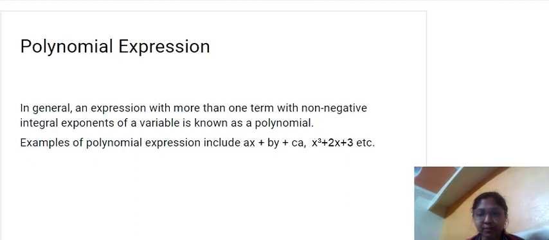Here we have 2 variables x and y having the exponential power 1 and a constant term ca. So all are bound by the algebraic operation plus, and there are 3 terms here. In a similar way, the other example is x cube plus 2x plus 3, which is an algebraic expression in a single variable.